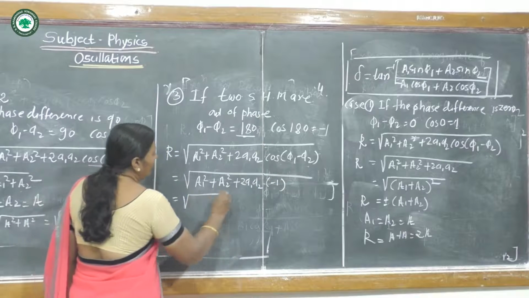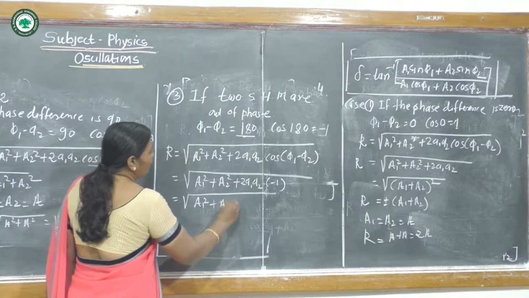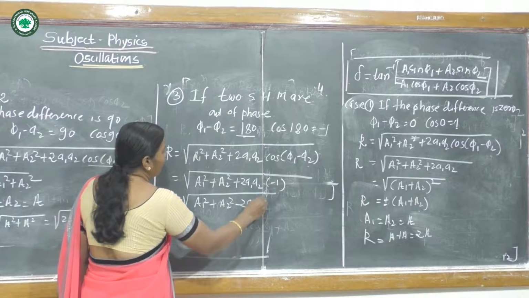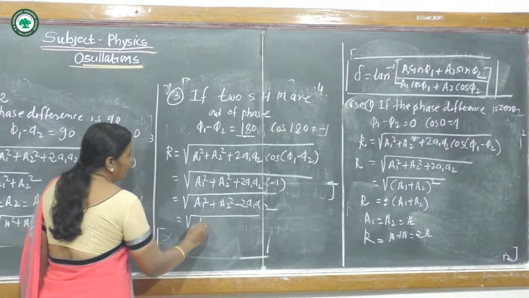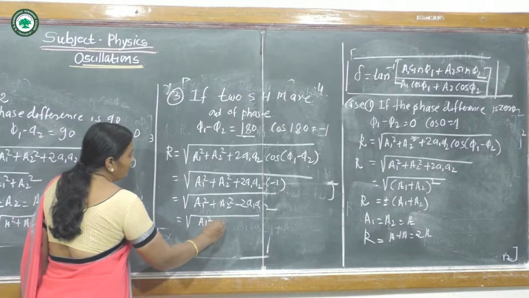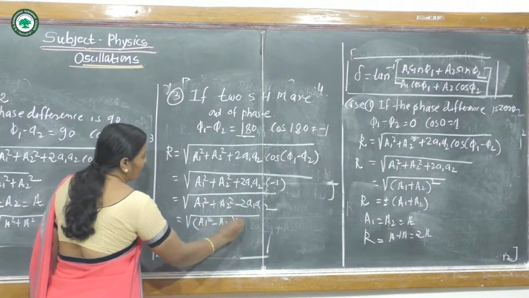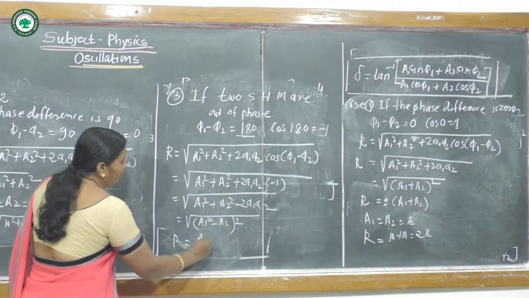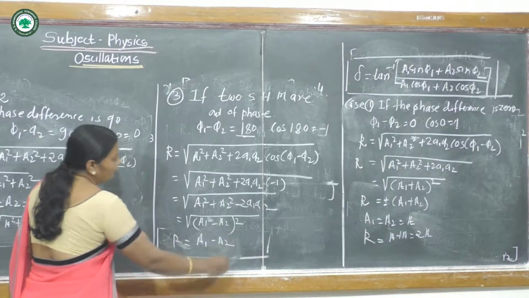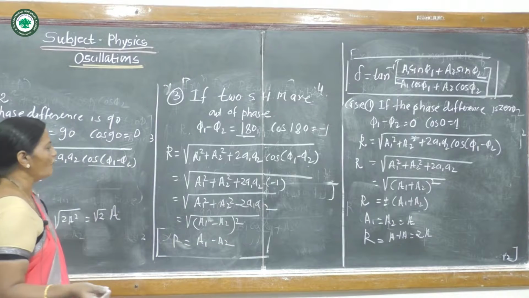We get A1 square plus A2 square minus 2A1 A2. It is the square of the term A1 minus A2, and we can write R is equal to A1 minus A2 if the two SHMs are out of phase.